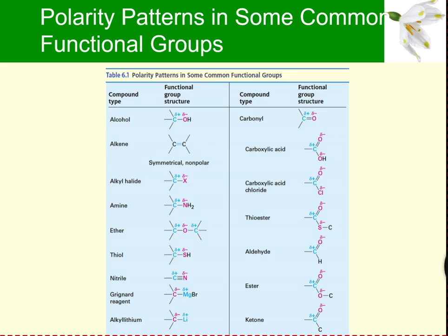We can take many other examples of polarization. For example, here C and X, where X is a halogen, so there will be a polarization like this. In this polarity, the electronegativity of an atom plays the most important role in determining which atom is plus and which atom is minus.